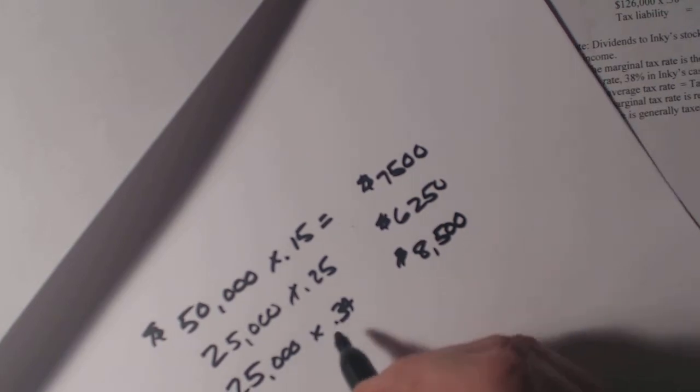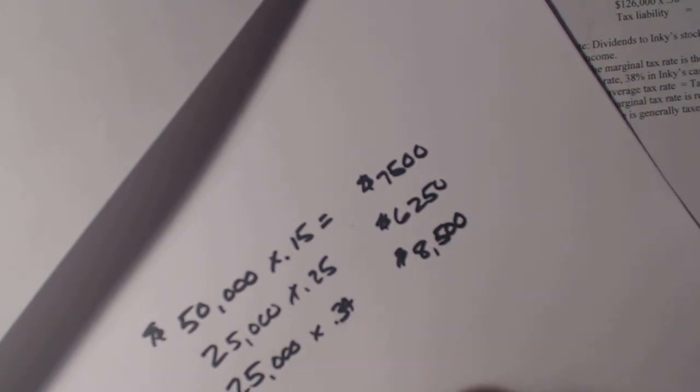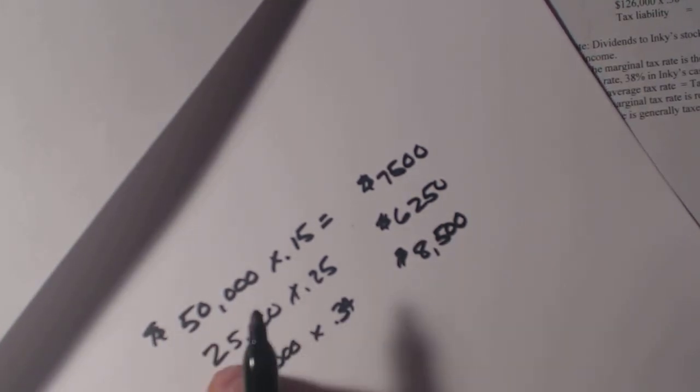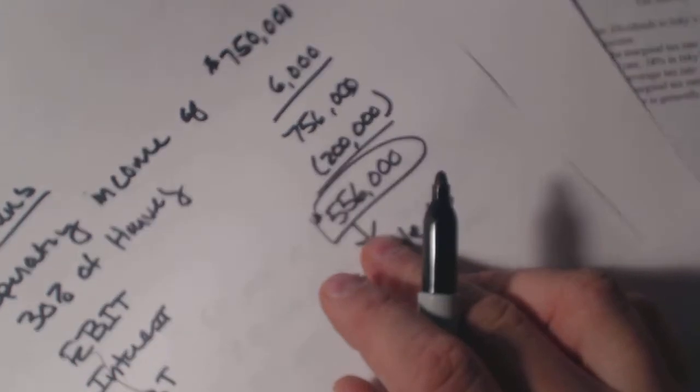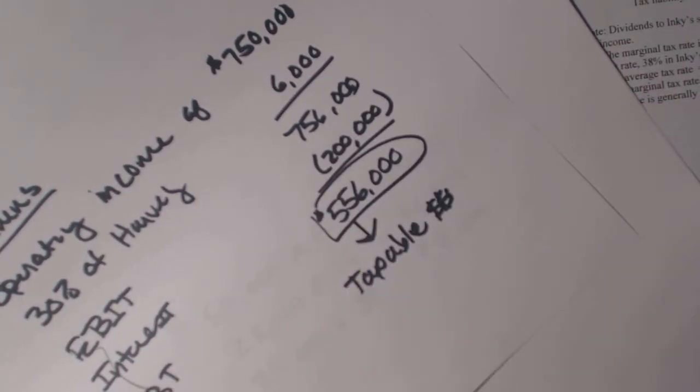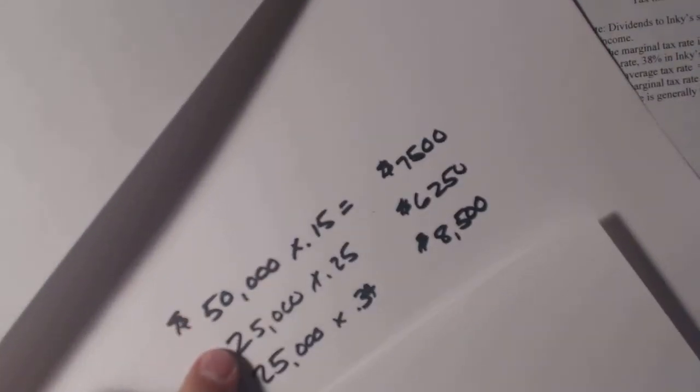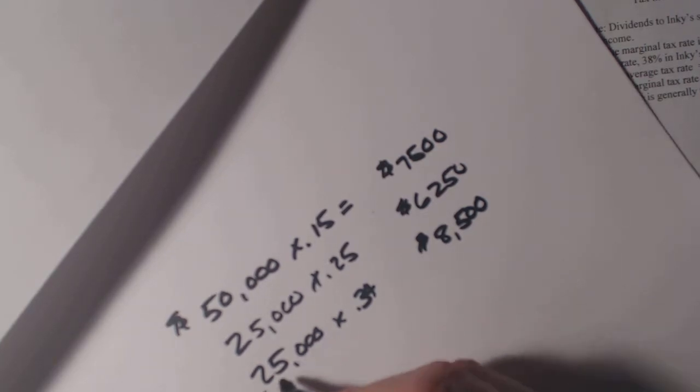Okay, so then we're going to quickly add these. So 50, 25, and 25 is $100,000 so far. Now our tax liability is $556,000.